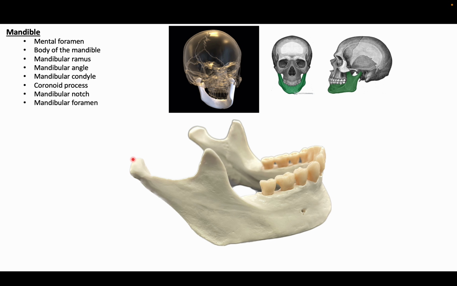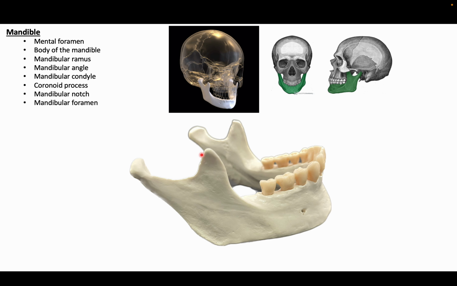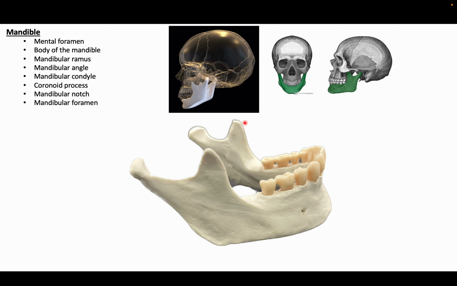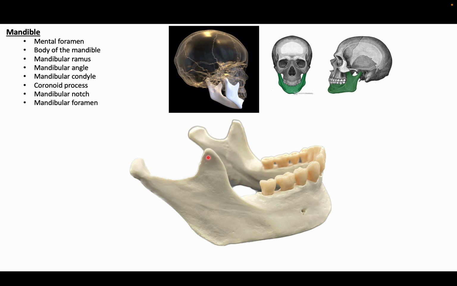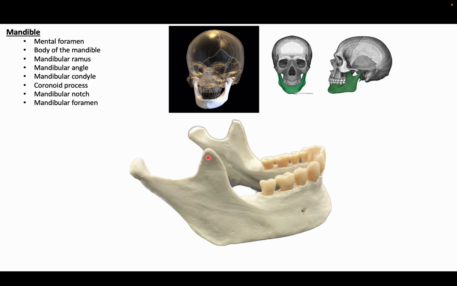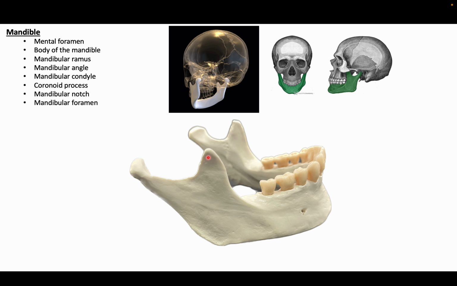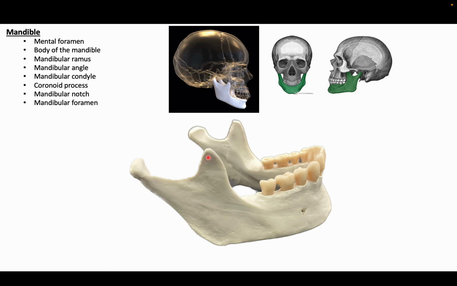Now, this is the mandibular condyle. This is the coronoid process right here. This coronoid process is a bony projection that protrudes up and attaches to the temporalis muscles, which we'll study later, and it also helps with chewing and other functions.